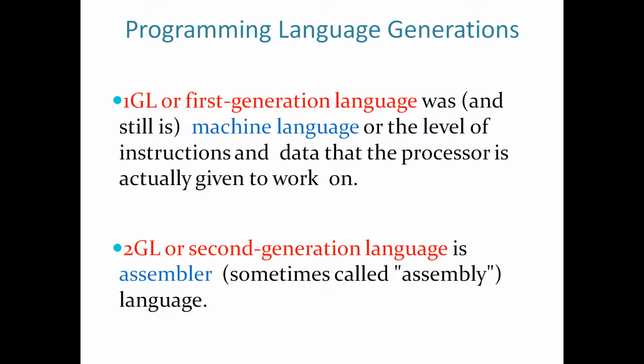So coming towards the generations of programming languages. The first generation computer programming language was, and still is, machine language, the level of instructions and data that the processor is actually given to work on. We humans understand so many languages, but the computer understands only one language, that is the machine language. I have told you in the starting lectures that machine language is the language of 0 and 1.